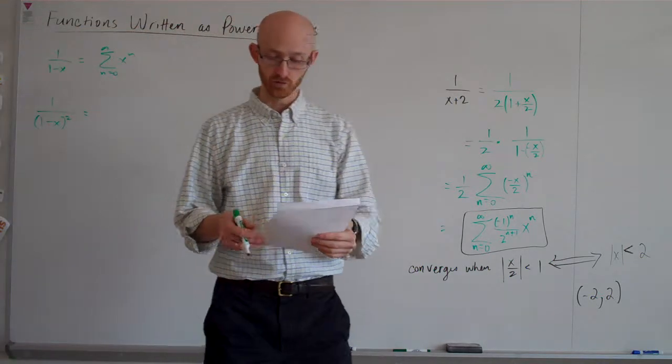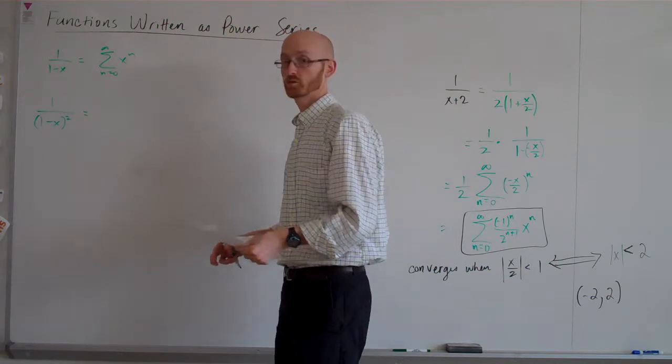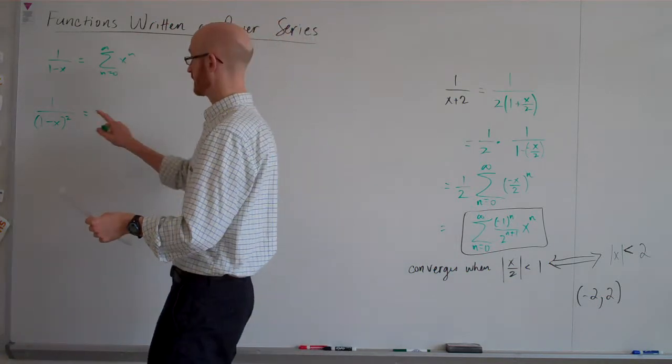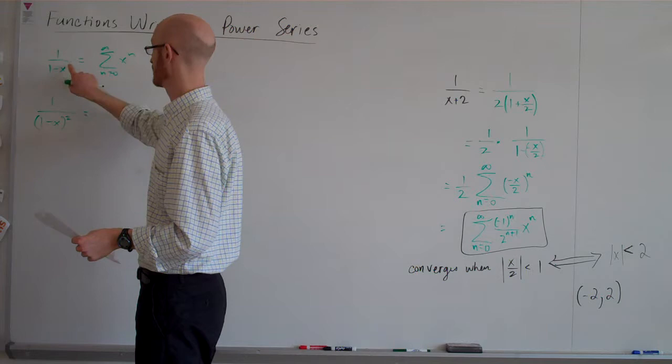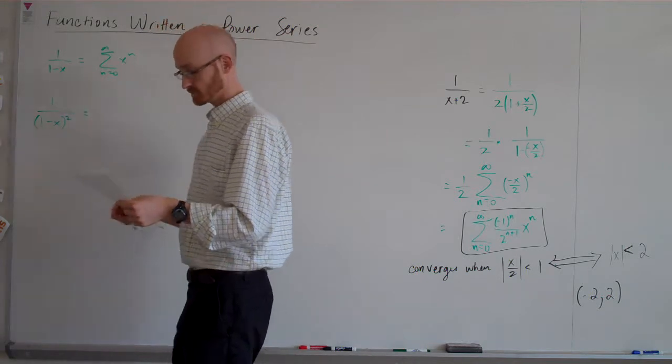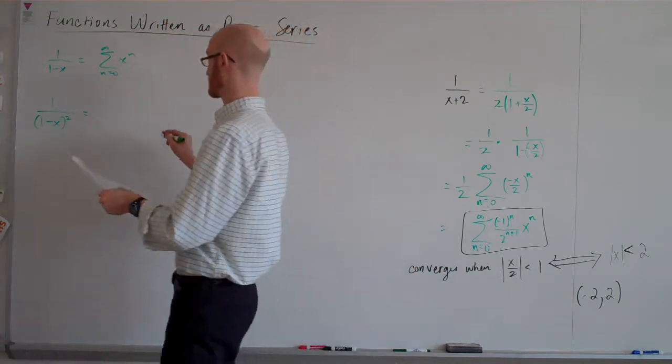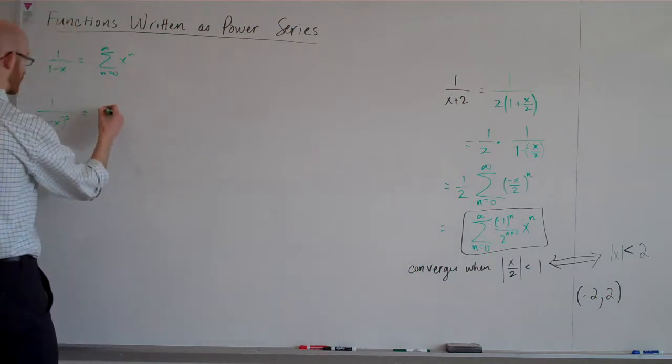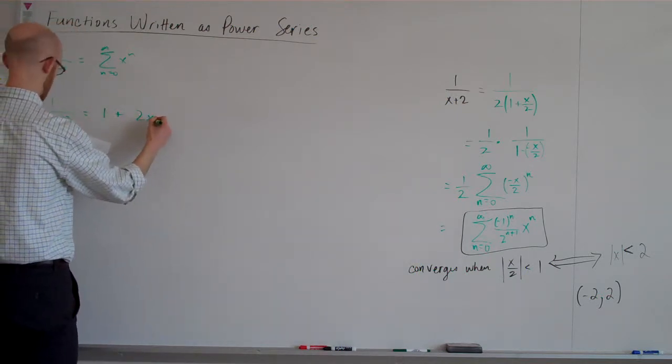Okay, so hopefully you have concluded, it would be great if you concluded, that this one is actually the derivative of that one. If that's the case, then this must equal 1 plus 2x.